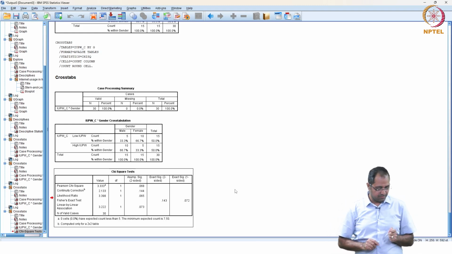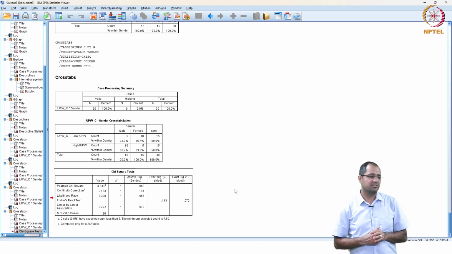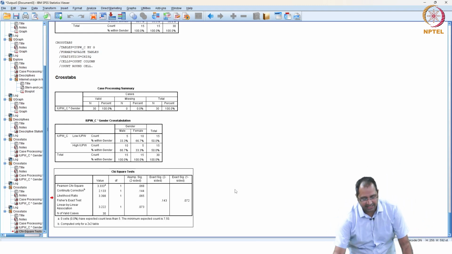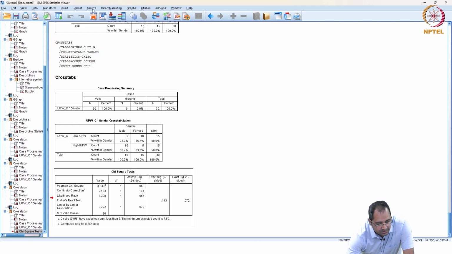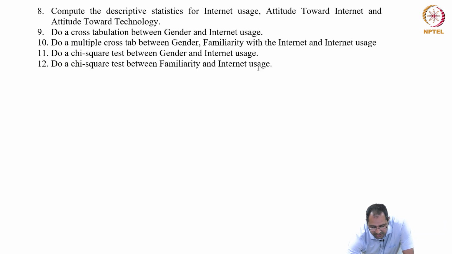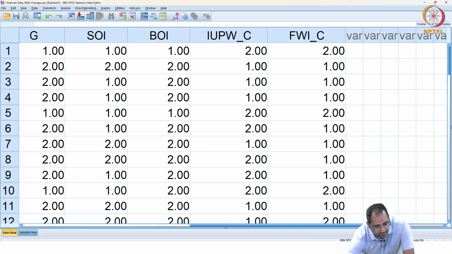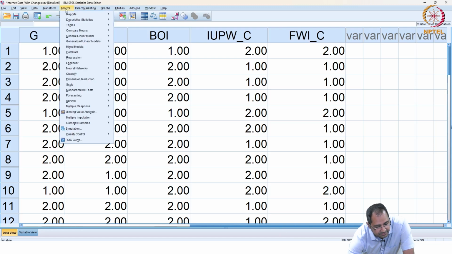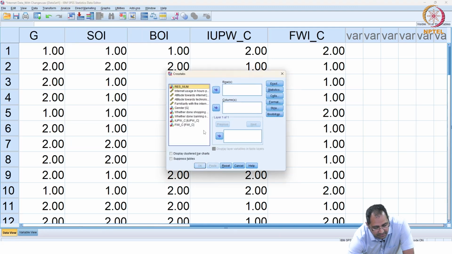Do the next one, between familiarity and internet usage. Now, familiarity and internet usage both are categorical. Go to Analyze. The next one is the 12th. Do a chi-square between familiarity and internet usage. Analyze, Cross tabs.